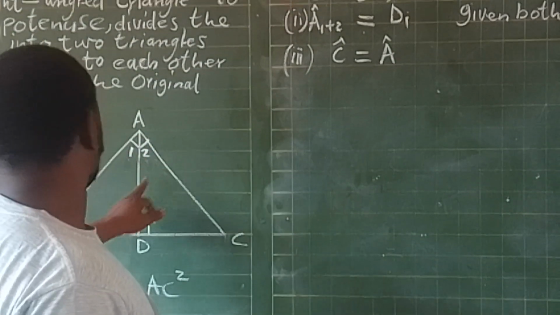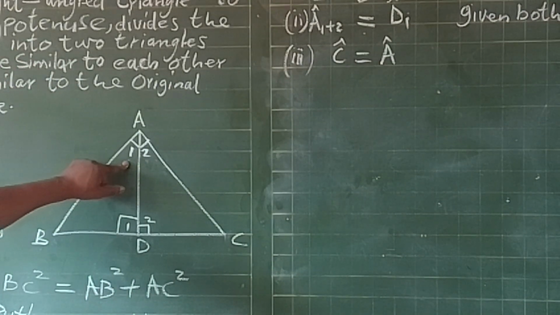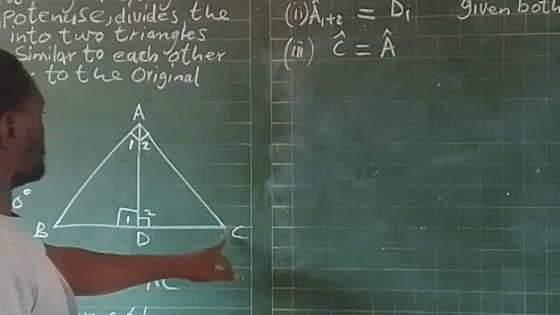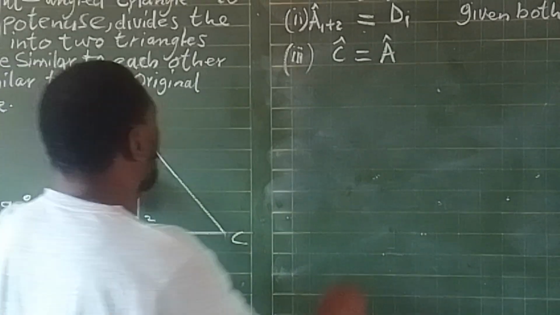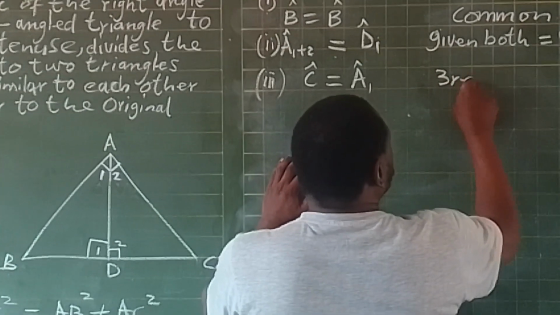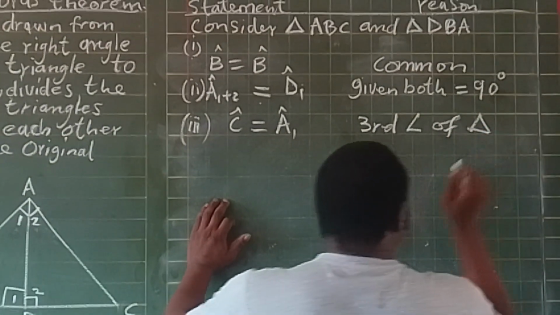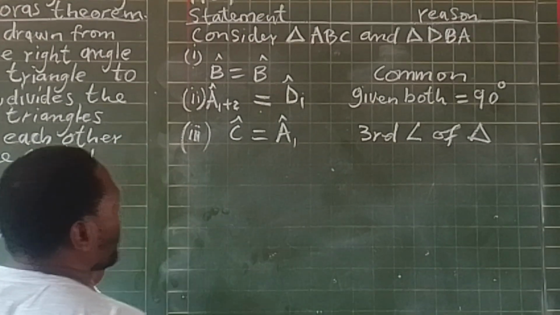A in DBA, it's A1. You see? So C is equal to A1. The reason for that is the third angle of a triangle is automatically equal.